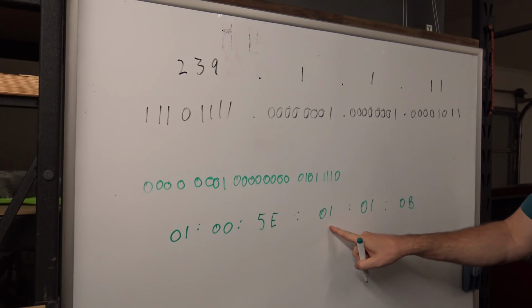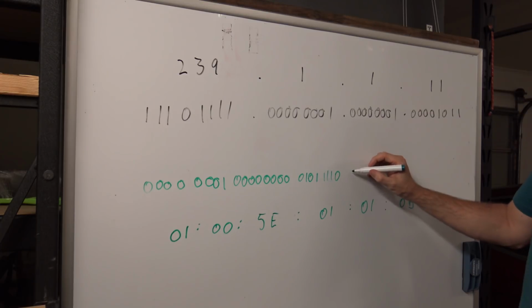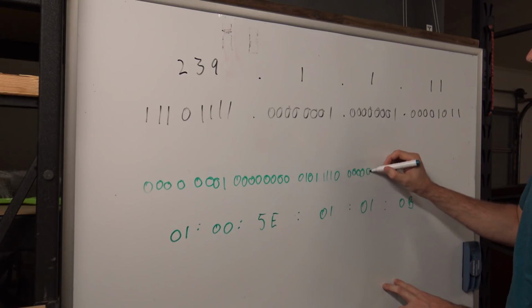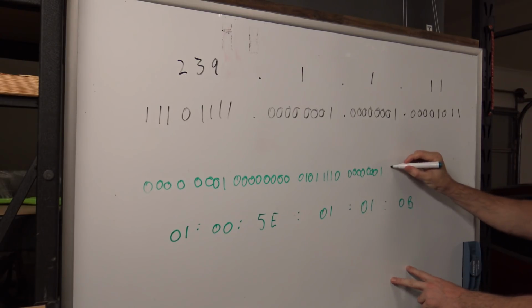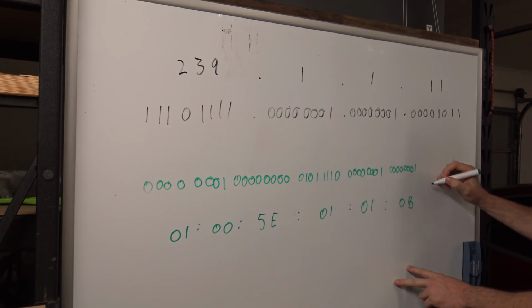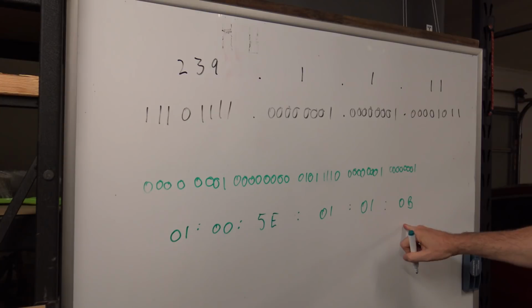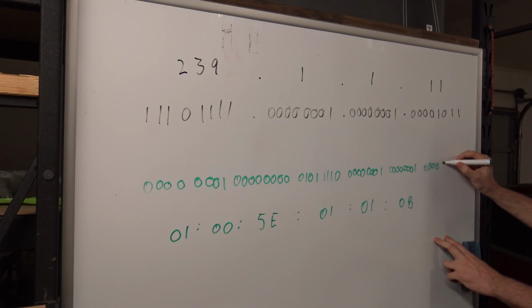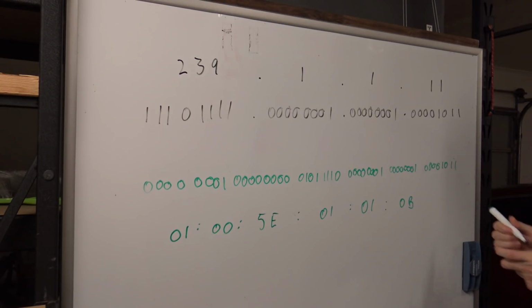Now up to 01 here, which is pretty easy, 00000001. Same for the next one, 00000001. And the last one for 0B is 00001011. Okay, so there's the binary for both the layer 3 multicast group and the layer 2 frame that gets sent out onto the network.